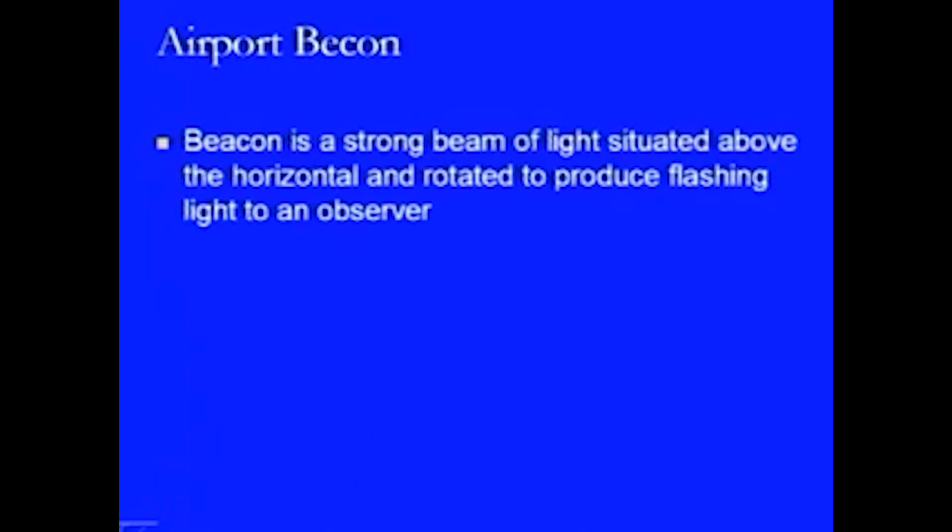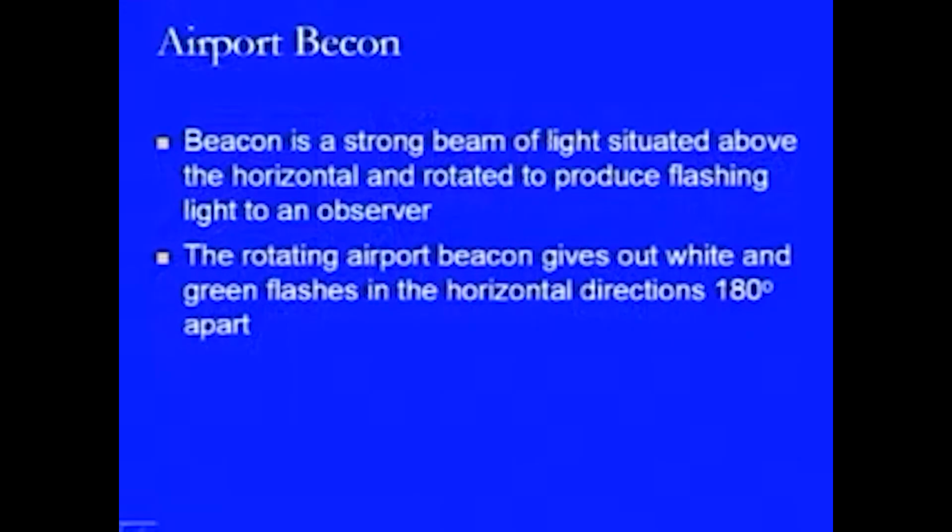Looking at these, we start with the first one, that is the airport beacon. This beacon is a strong beam of light situated above the horizontal and it is rotated to produce a flashing light to an observer. This flashing light defines the location of the airport, and this is how the pilot from quite a big distance can understand and start orienting themselves.